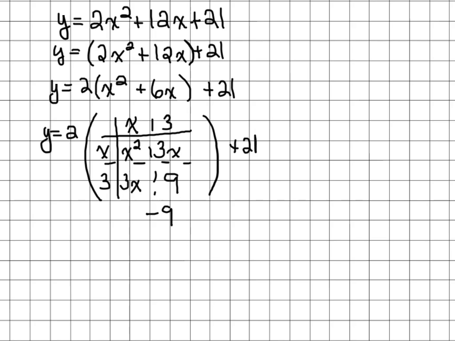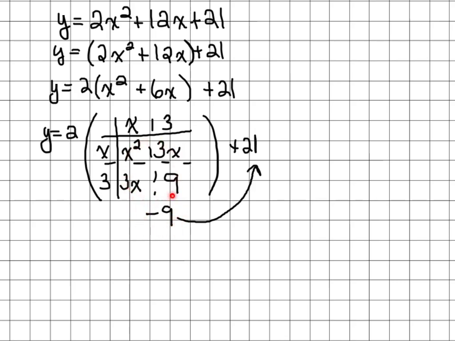Now, when I'm joining up my units, we have to be very careful. So I am pulling out the -9. But when we think about this, we have our 2 out here, because this is telling us that we are multiplying 2 times everything in the brackets. Well, this -9 is part of the brackets.